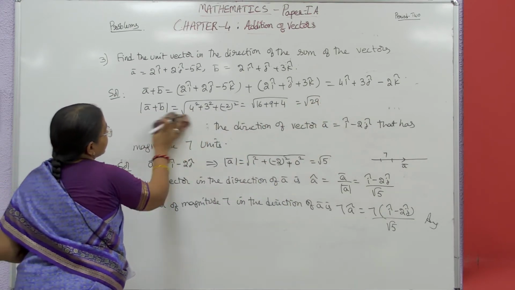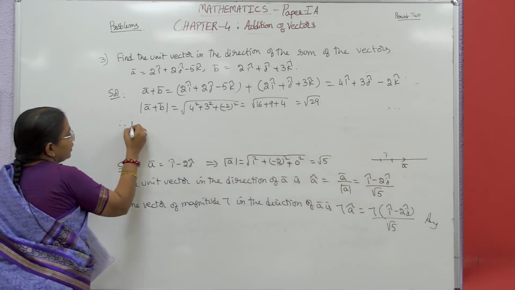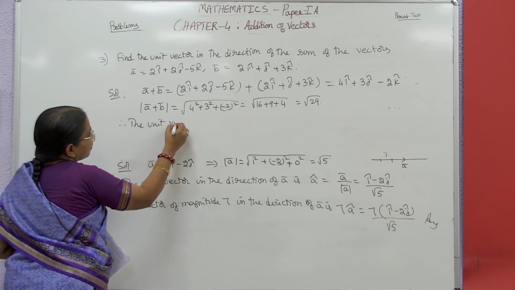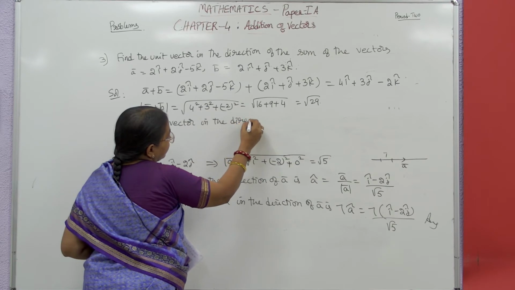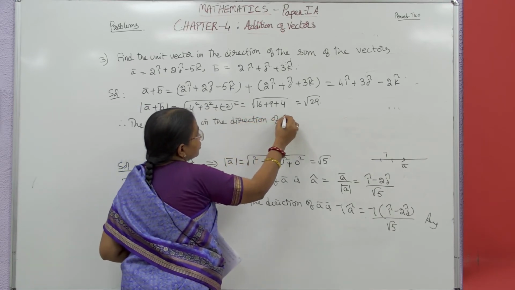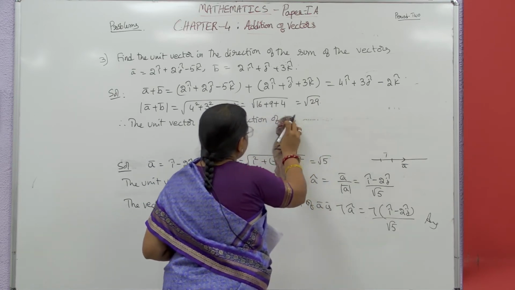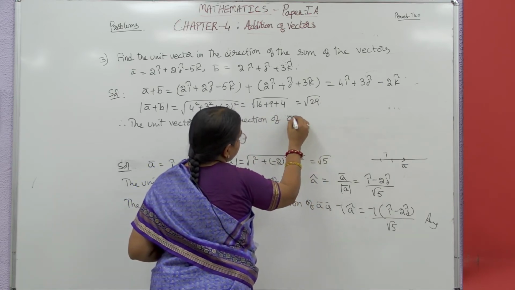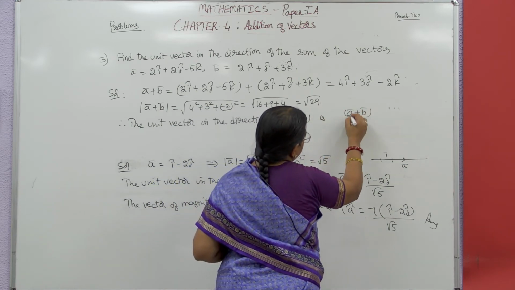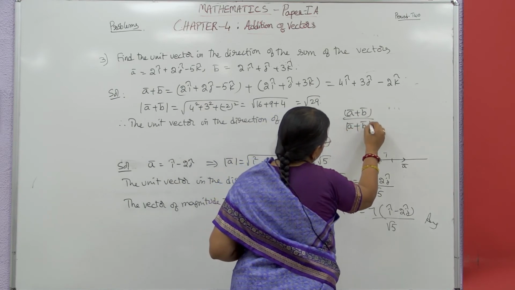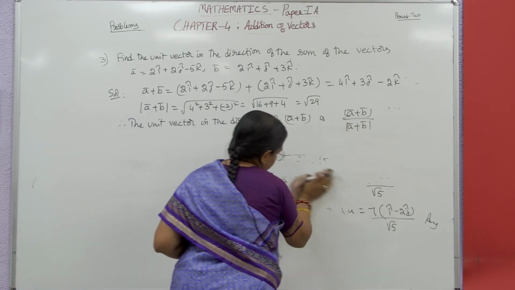Therefore, the unit vector in the direction of the sum of the vectors, or you can write in the direction of A plus B, is A plus B by mod A plus B. So what is it?